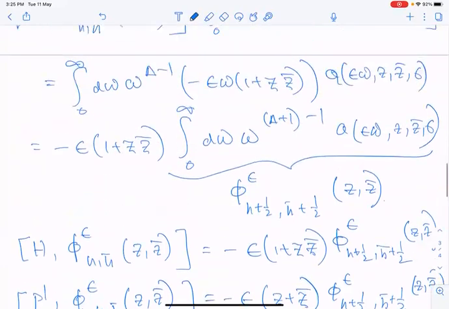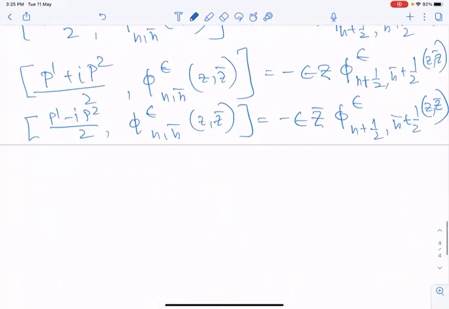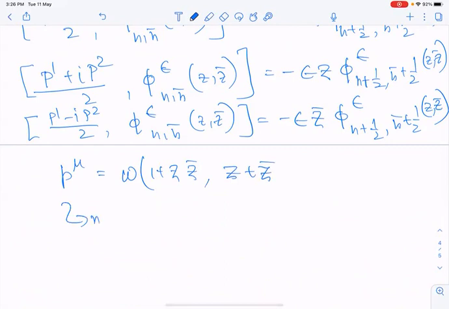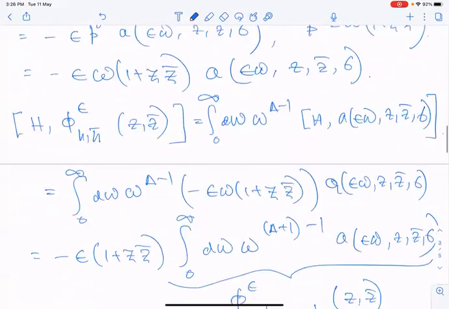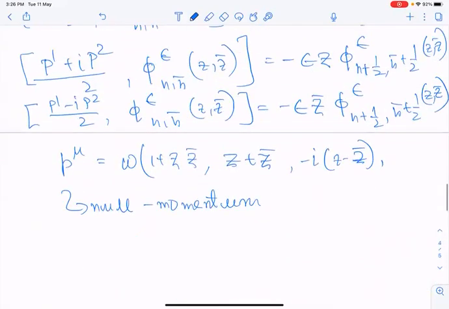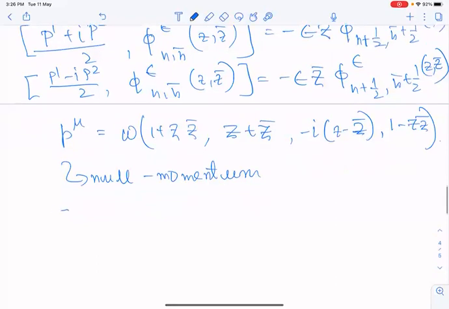In fact, let me just say, last time I wrote down the null vector in this way. This is the null momentum, 1 minus ZZ bar. And this essentially follows from this well-known commutator.